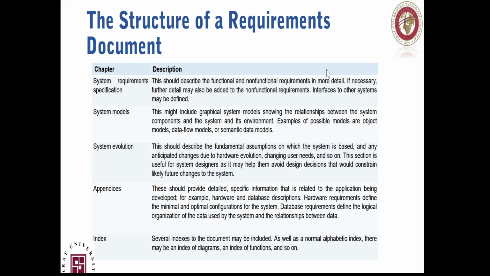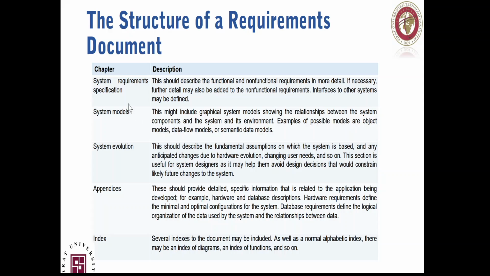For the system, we provide all the needed details, and sometimes we need to add extra description for the non-functional requirements. And if there is any interfacing with operational systems around our system, that means the environment, how our system fits the environment, it should be provided.